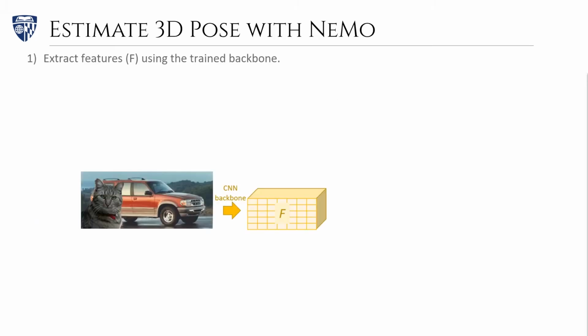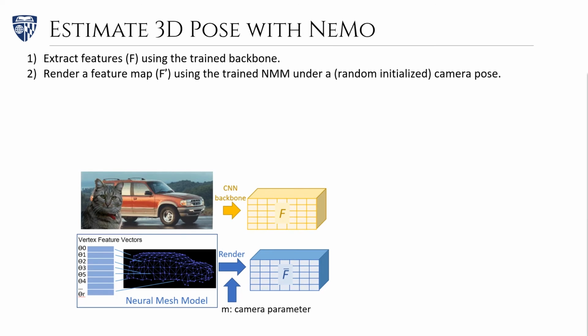During inference, we first use the trained CNN backbone to extract the features from the testing image. Second, we use the neural mesh model obtained from the training stage to render a feature map under a specific camera pose. The camera pose is randomly initialized, and we are going to optimize it later.